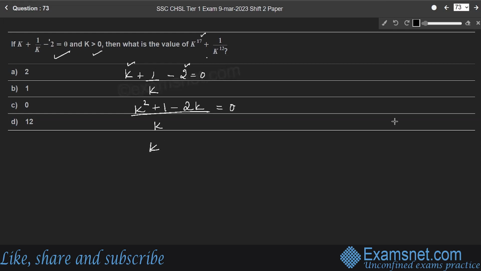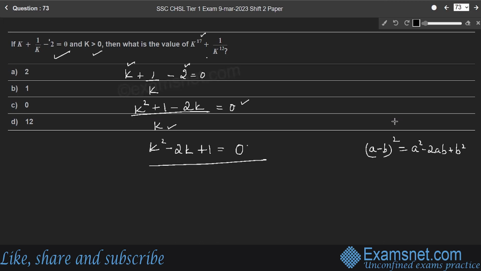So we'll write k square minus 2k plus 1 is equal to 0, since the k in the denominator, when it goes to the RHS, becomes k into 0, which is 0. So this expression, k square minus 2k plus 1, is in the form of a minus b whole square, which is a square minus 2ab plus b square.